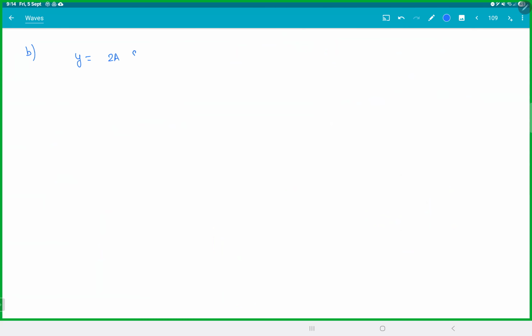Suppose I give y is equal to 2a sine(kx plus 2 pi by 3) sine(omega t plus 2 pi by 3).